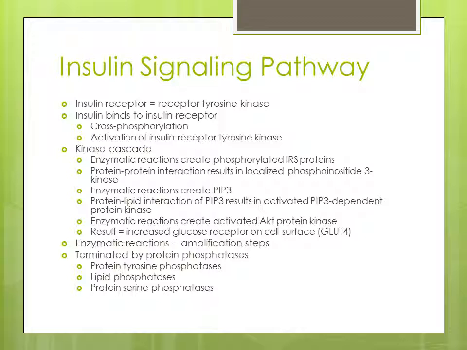The result is increased glucose receptors on the cell surface, or GLUT4, which can then stimulate glycolysis. This process is terminated by protein phosphatases. The 3 main protein phosphatases that terminate it are as follows.